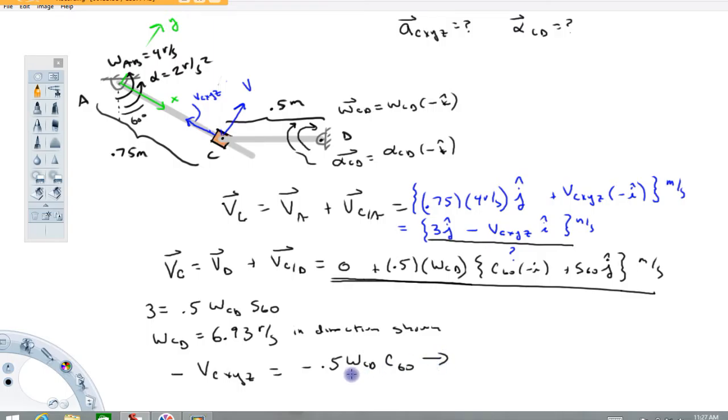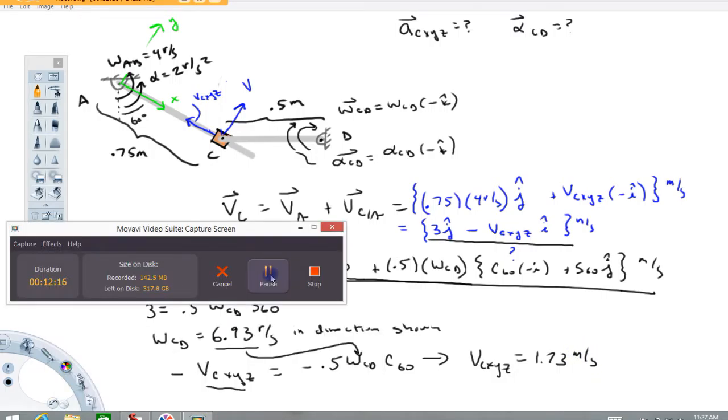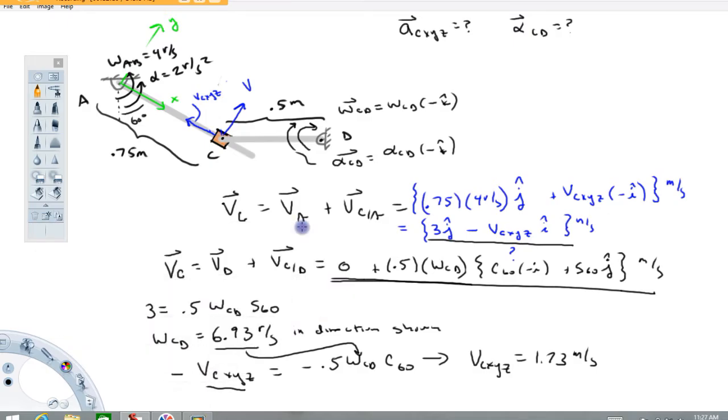We can solve this for the velocity of C in the xyz coordinate system, and again, we know this value. If I go ahead and do that, I get 1.73 meter per second. I'm going to take a moment here, just pause this, double check that. Yep, okay, that's been confirmed.